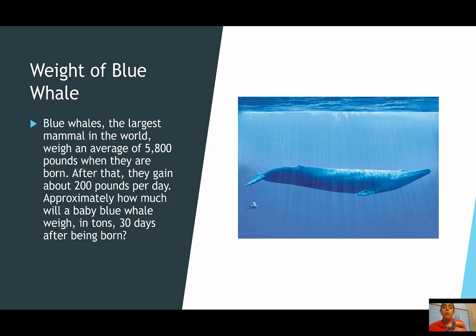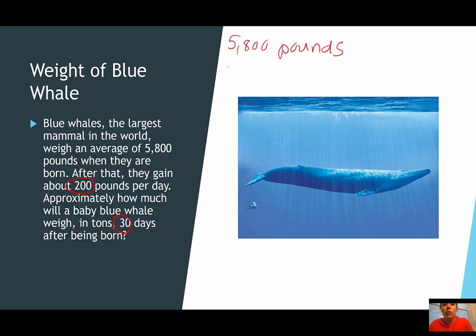All right, so when the whale is born, it weighs 5,800 pounds. And then it gains 200 pounds per day for 30 days. So I want to know how much weight that is after 30 days. So I could add 200 thirty times, but that seems inefficient.